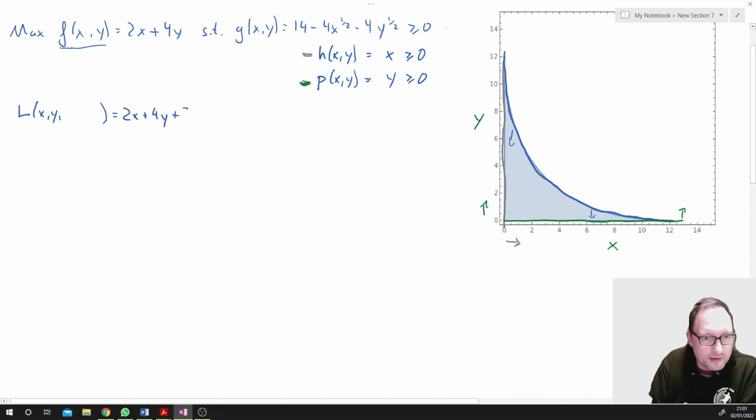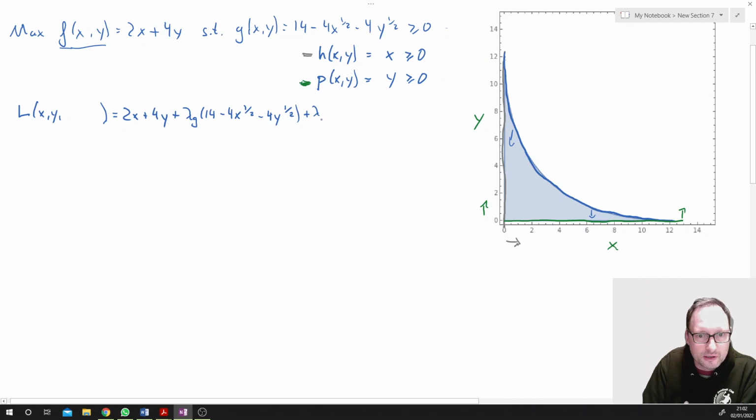We're having a Lagrangian multiplier, and I call that lambda g because that's the Lagrangian multiplier to the g constraint, times 14 minus 4x to the half minus 4y to the half, then plus the next constraint, the h constraint.